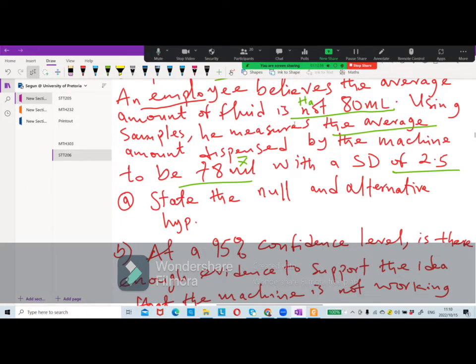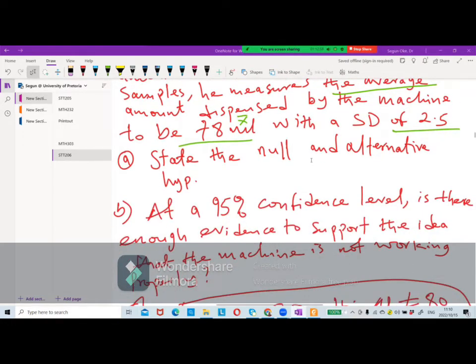Can I proceed, please? Yes, sir. So that we can solve it together. Can we go?